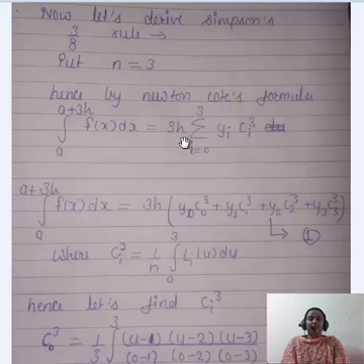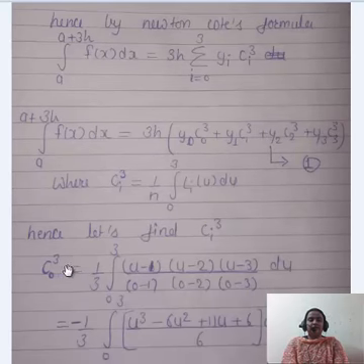So it will be equal to 3h times the summation from i equals 0 to 3 of y_i c_i^3. So the integration of f(x) dx will be equal to 3h times (y0 c_0^3 plus y1 c_1^3 plus y2 c_2^3 plus y3 c_3^3). Let's call this equation 1, where c_i^3 will be equal to 1/n times the integration of L_i(u) du from 0 to 3. Hence, let's find c_i^3.